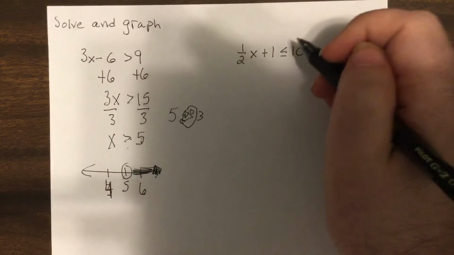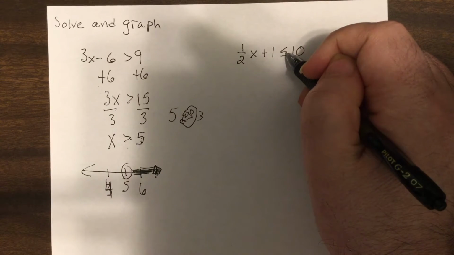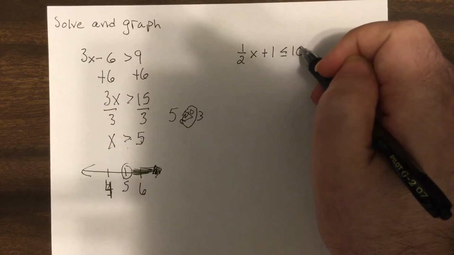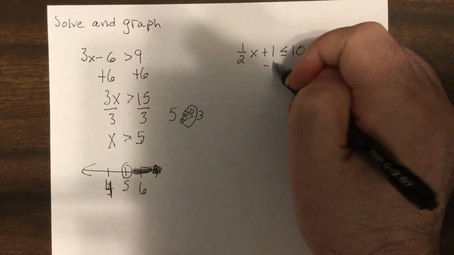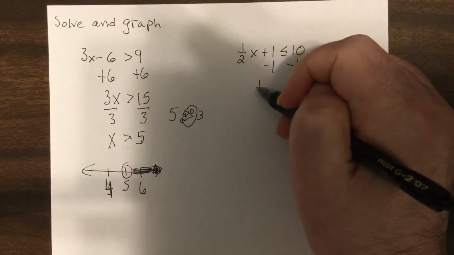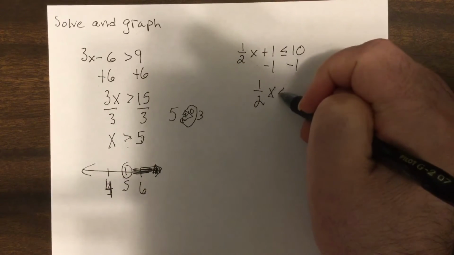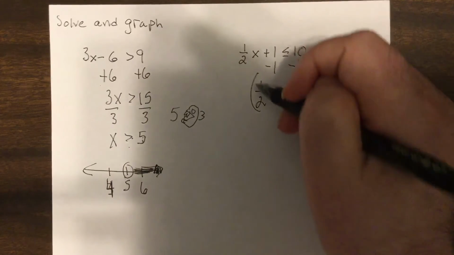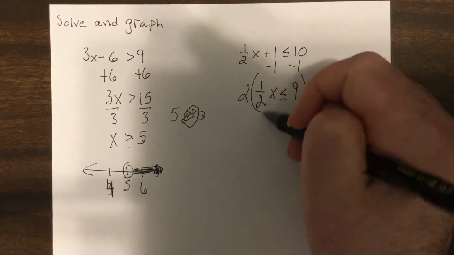Okay, this one. So this would be less than. This side it's pointing to, so the mouth is trying to eat the bigger item. So I'd subtract 1. So 1/2 x is less than or equal to 9. Then multiply both sides by 2, the reciprocal of a half.